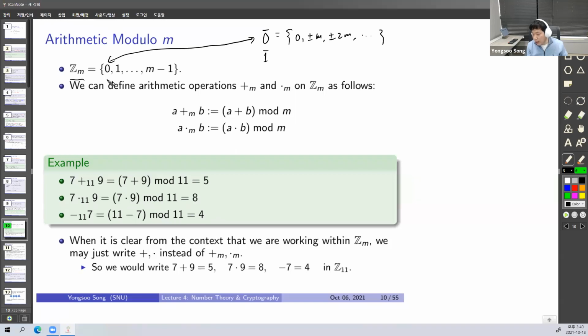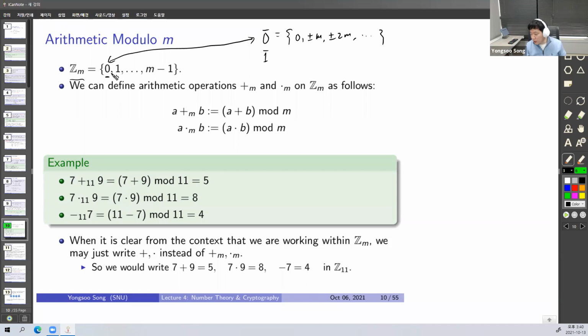So meaning that these m integers 0, 1 to n minus 1, or I would say some representative elements of these m congruence classes.